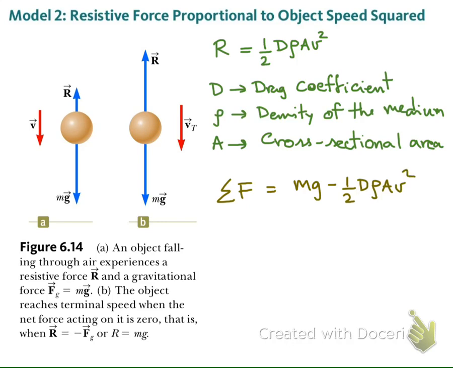Please note the minus sign here, because now we take the positive direction downward. So mg is positive and the resistive force points upward, against the motion of the object, so we have this negative sign. We also neglect the buoyant force here, by assuming that that force is very small.